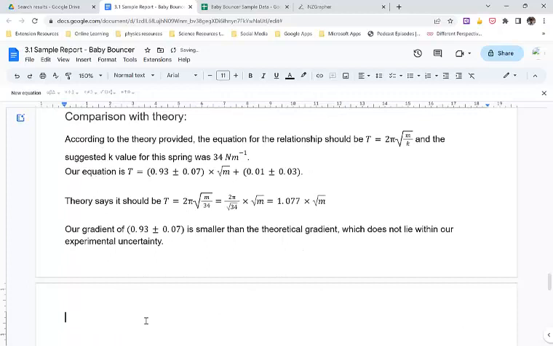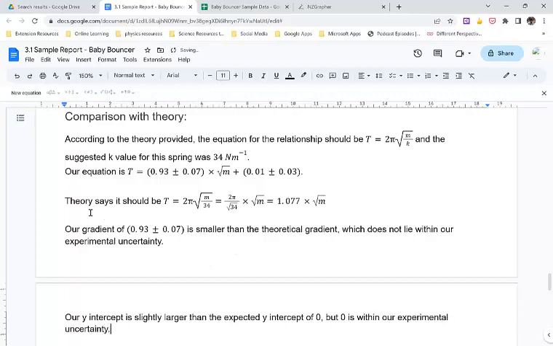That's the first thing we can say. Our y-intercept is slightly larger than the expected y-intercept of 0, but 0 is within our experimental uncertainty.